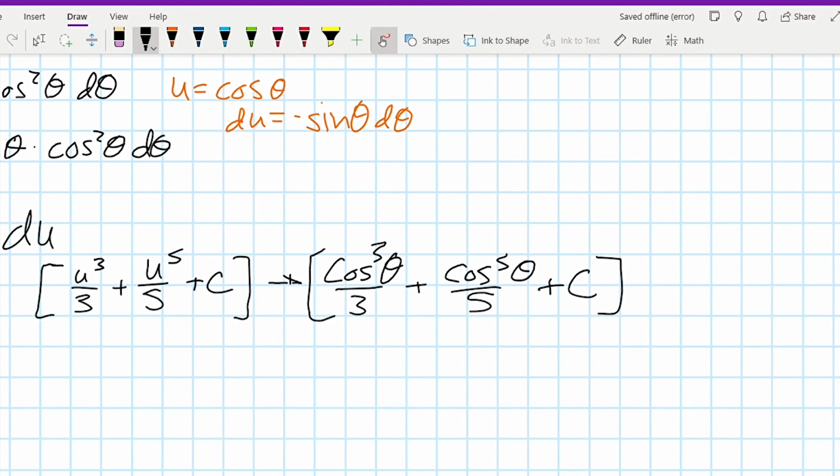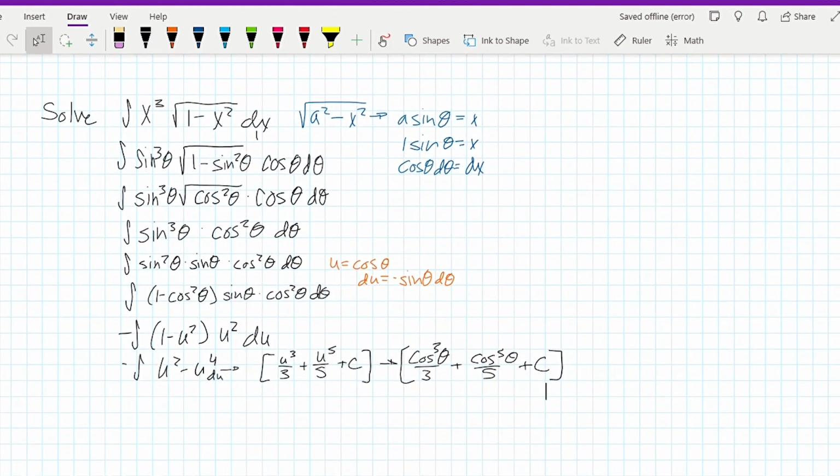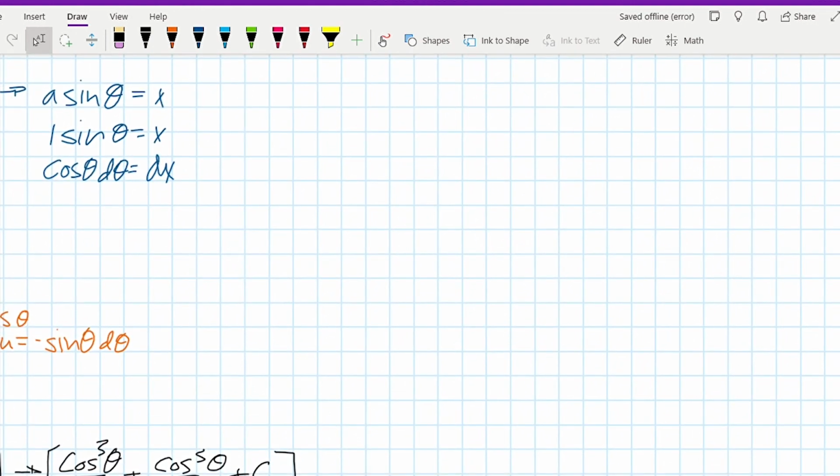And we're still actually not done, because if you remember, the original equation was in terms of x. So we're going to have to put it back in x. And the way we're going to do that is by drawing a triangle and figuring out what cosine is in relation to what our sine was.